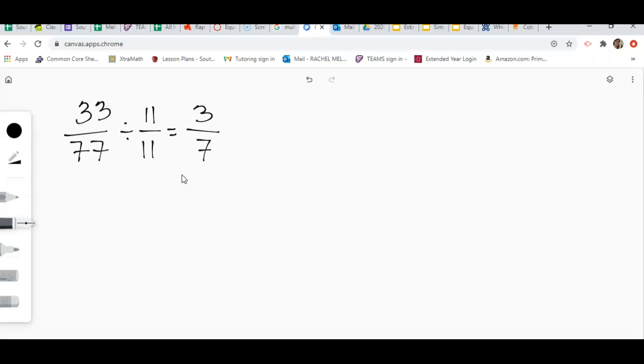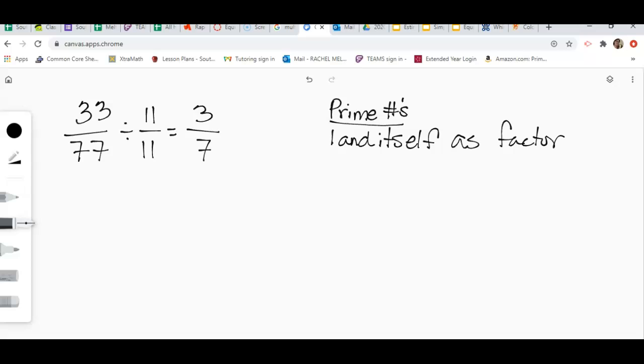There's a couple of ways that I do that. Number one, I'm looking to see if I have prime numbers. Now, it's been a while since we talked about prime numbers. Remember that prime numbers have only one and itself as factors, so only one factor pair.